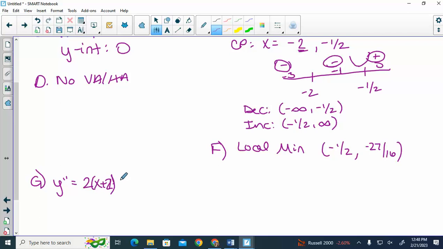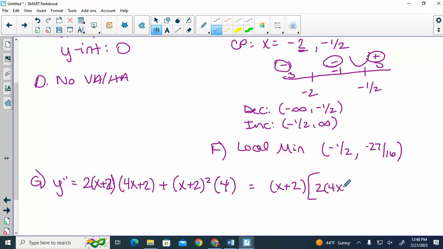That's the derivative of the first times the second, plus the first times the derivative of the second, which is 4. So we could take out an x plus 2, and that leaves us with 2, 4x plus 2, and 4 times x plus 2.